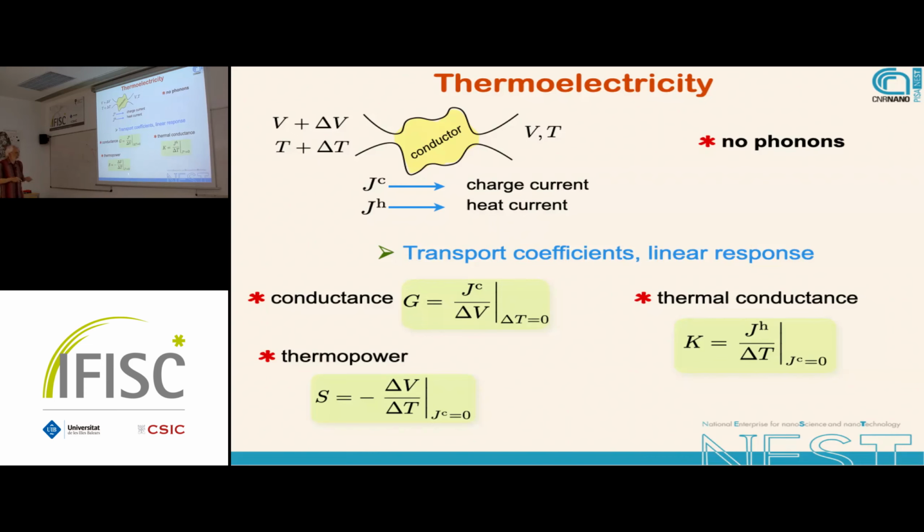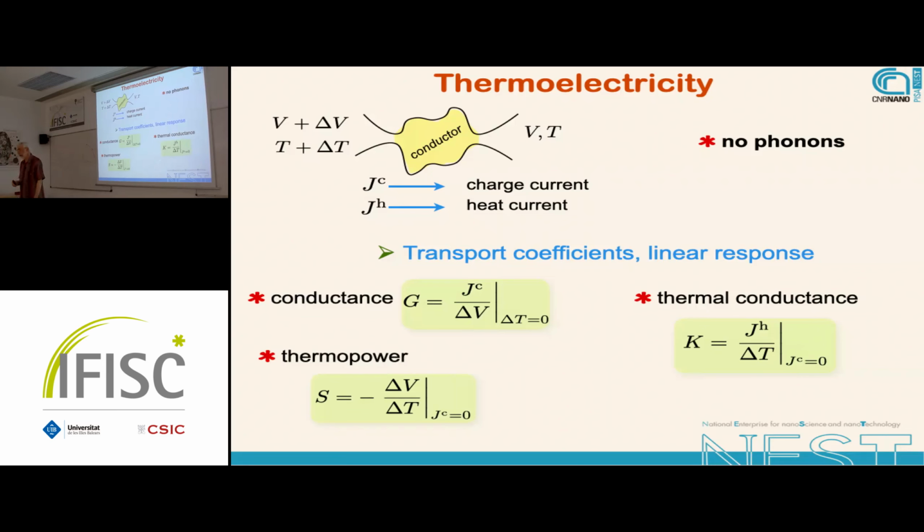This is calculated at open circuit: you apply a temperature difference, and some voltage will appear in order to stop the current from flowing because it's open circuit. The third one is the thermal conductance. Similarly to the conductance, it is the heat current divided by the temperature difference, again at open circuit condition.